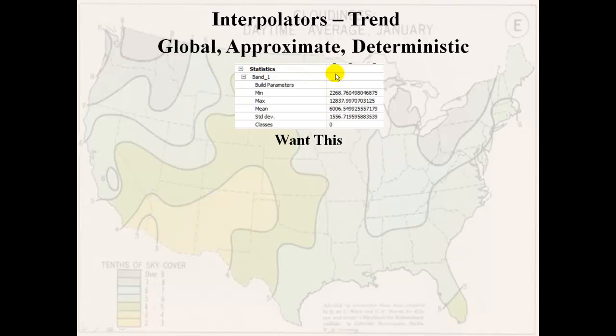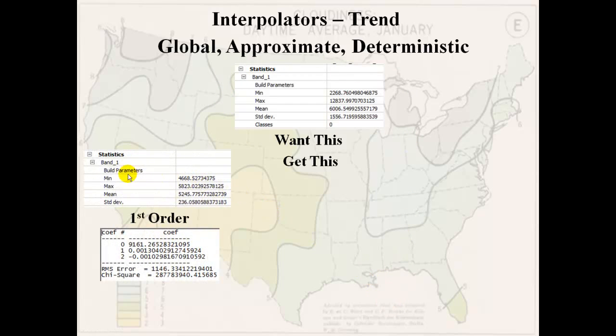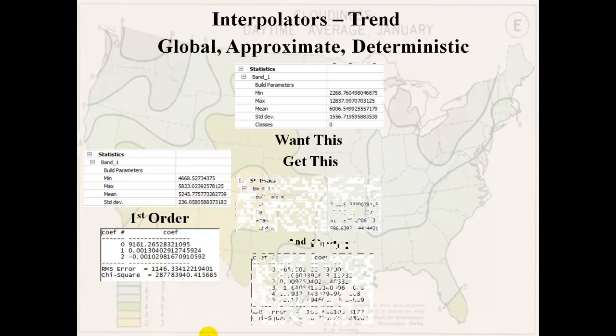This is a statistics table for the DEM, which is what we're trying to match. When we run the first order model, you can see there's something down here which is an RMS, root mean square error. It's estimating how far it is from the points to the surface. This is 1146 for first order.